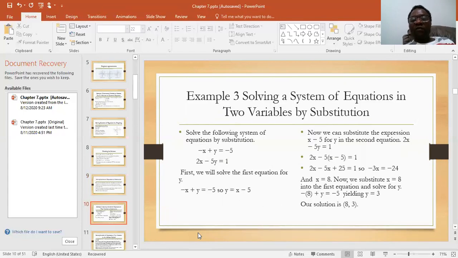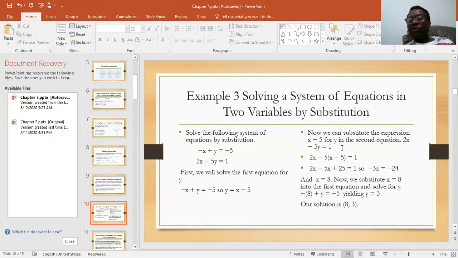Example, we want to solve the system of equations minus x plus y equals minus 5 and 2x minus 5y equals 1. So first, we will solve the first equation for y, that is keeping x as a constant. We have that y equals x minus 5.